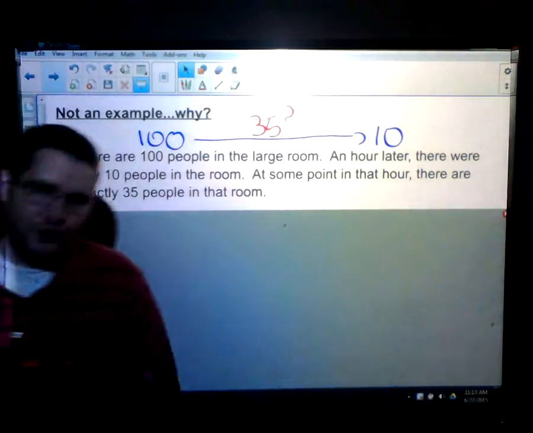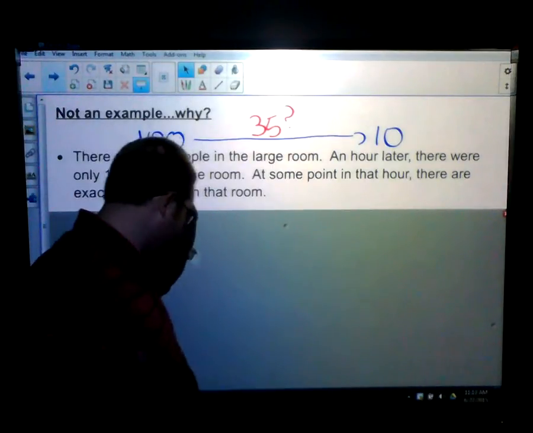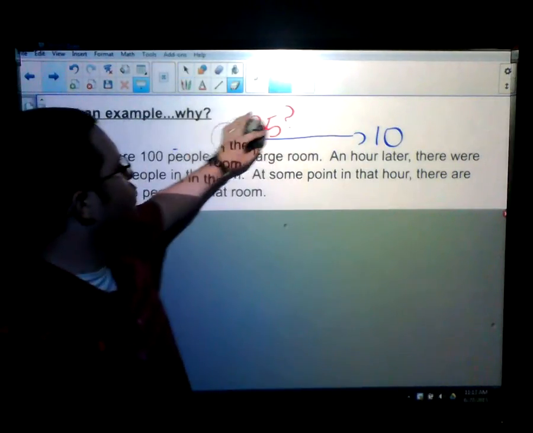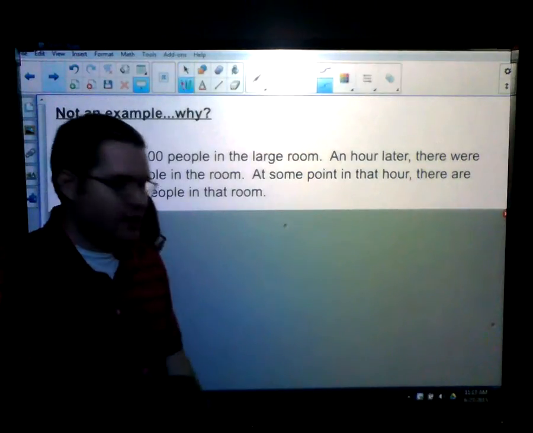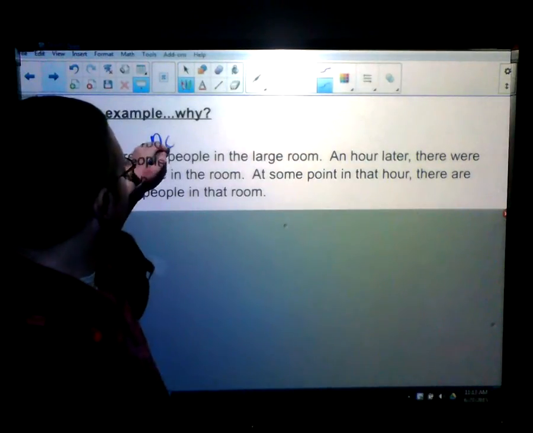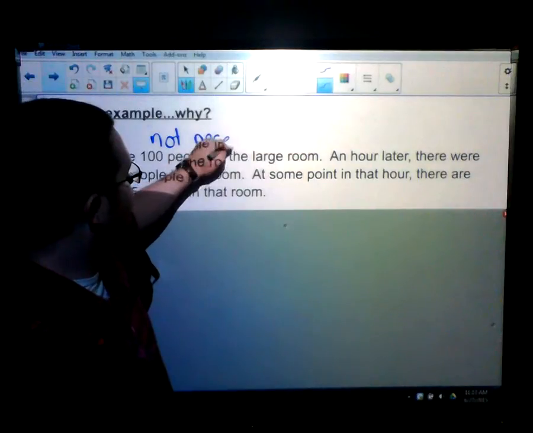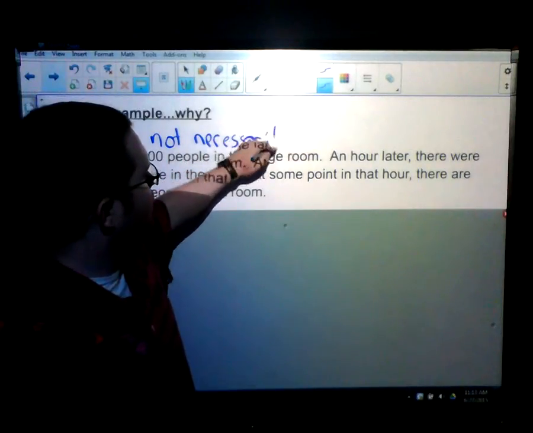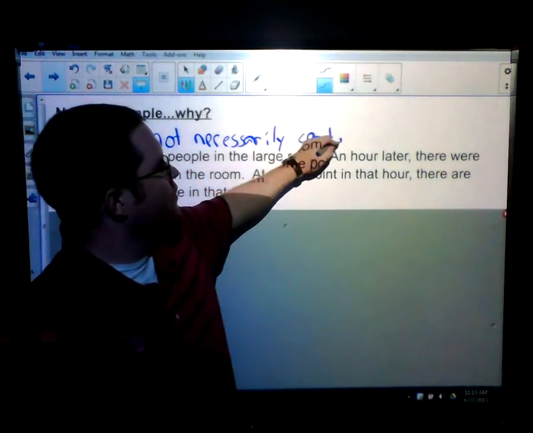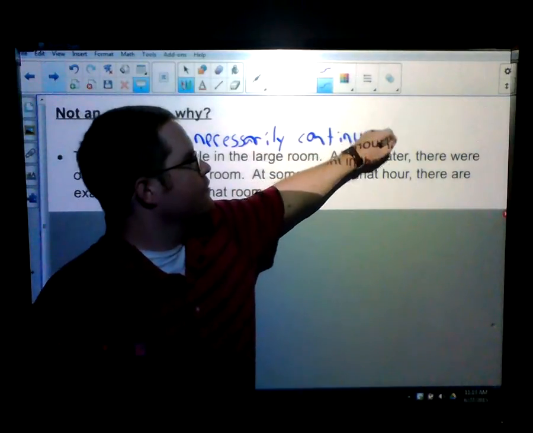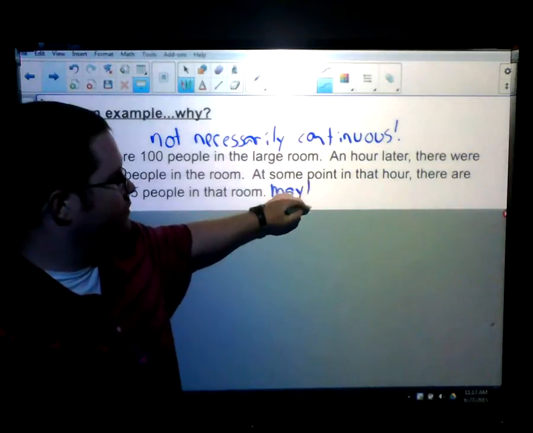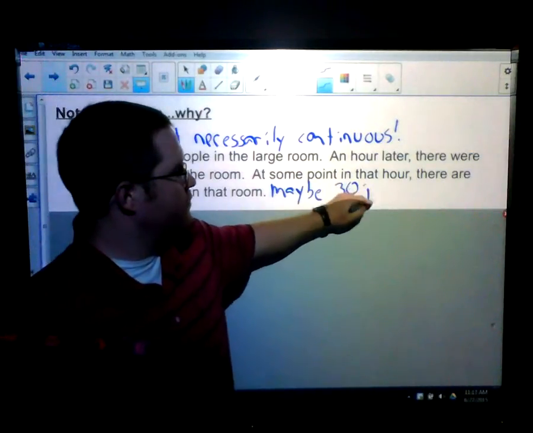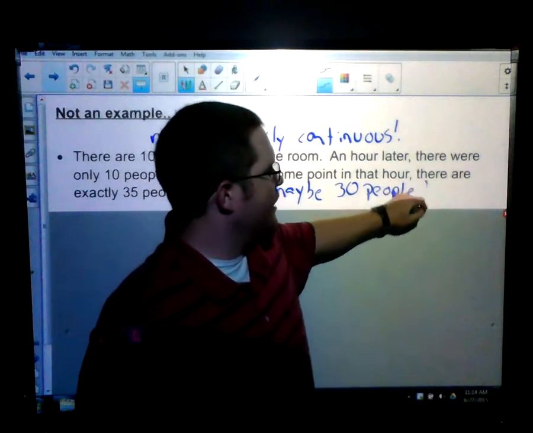But that's not true. It's not true because unlike plant growth or unlike the diameter of the snowball melting, this function is not necessarily continuous. Why is that? Because maybe 30 people left together.